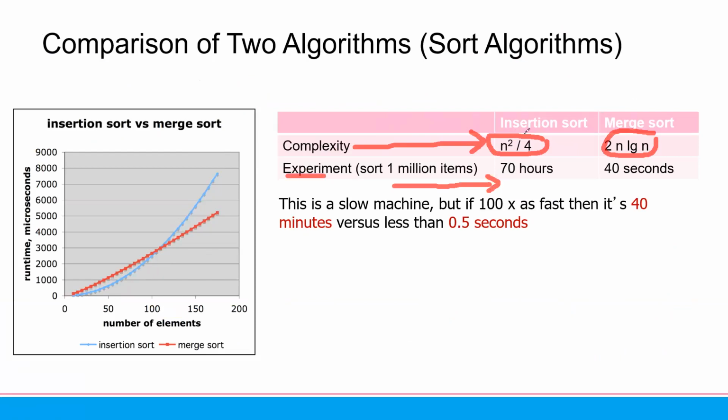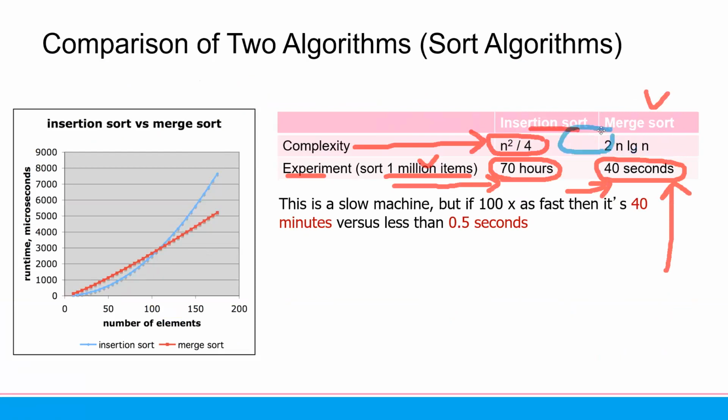In this case, the experiment of the insertion sort with 1 million items, it takes 70 hours. With 1 million items, the merge sort, it took 40 seconds. Okay. So which one will you choose? First, we will use the merge sort. It is better for the time performance. And also for this one, n log n is better than n power of 2.